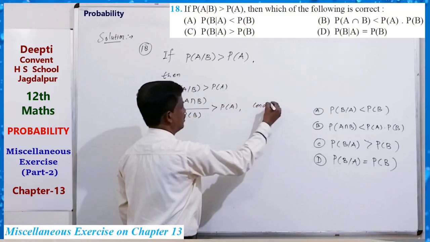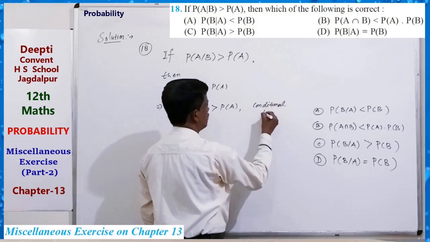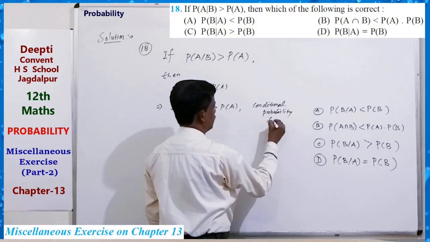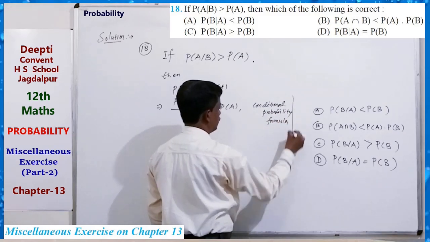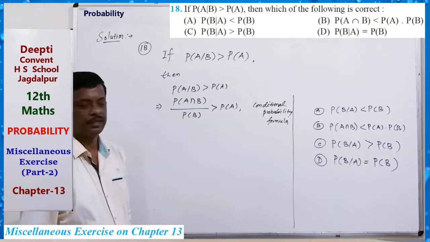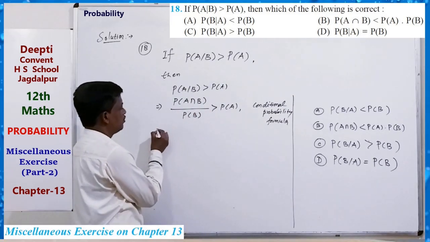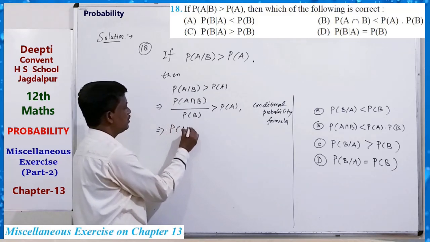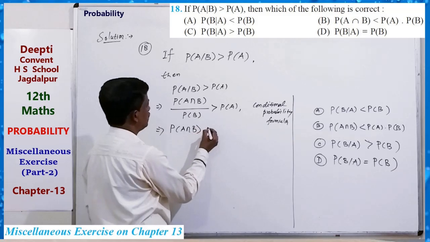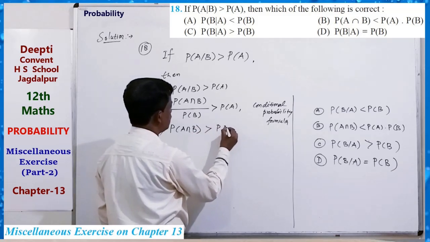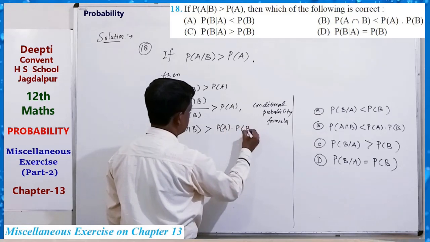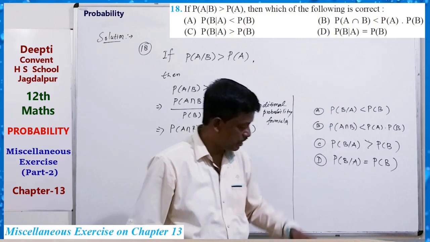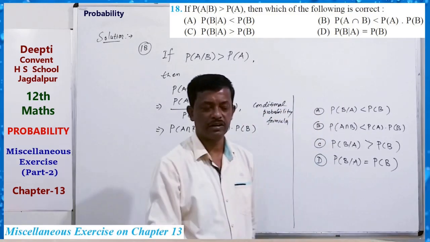So P(A intersection B) is greater than P(A) into P(B). Here the option says P(A intersection B) is less than P(A)P(B), so B is not correct.